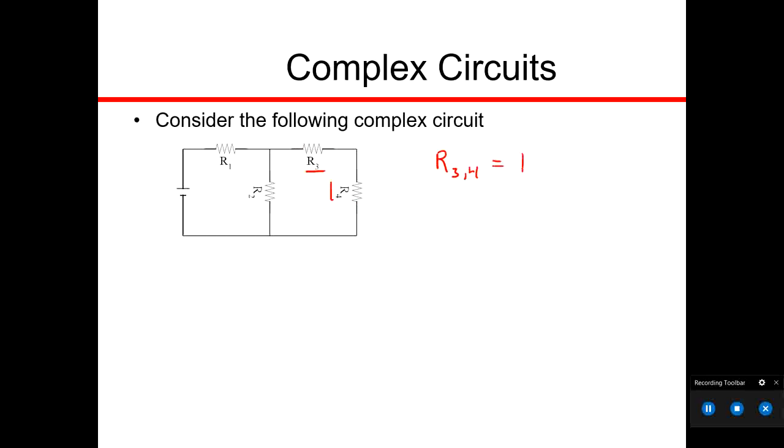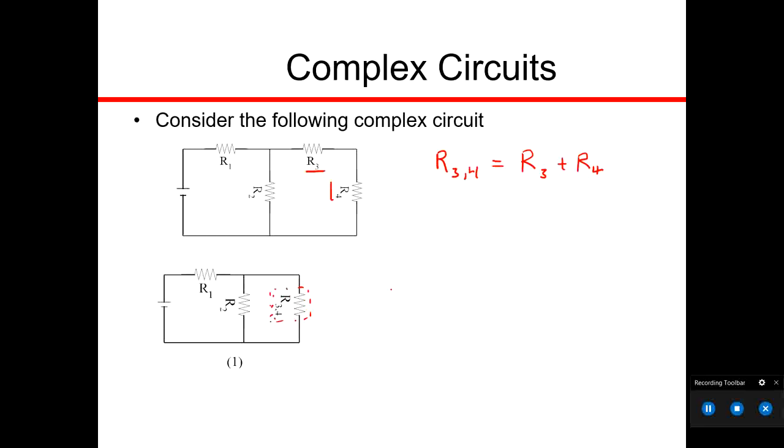Since they're in series, we add resistor 3 plus resistor 4, and that's how we would solve for this. So we then take this and we redraw it. So you see this one, which currently has two in series, is now redrawn with just one resistor on this path, which we call 3, 4, and the total resistance of this is the two added together.